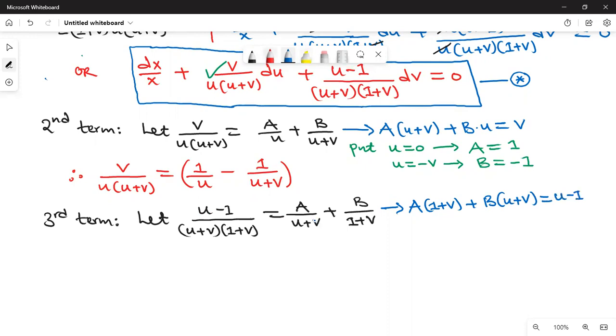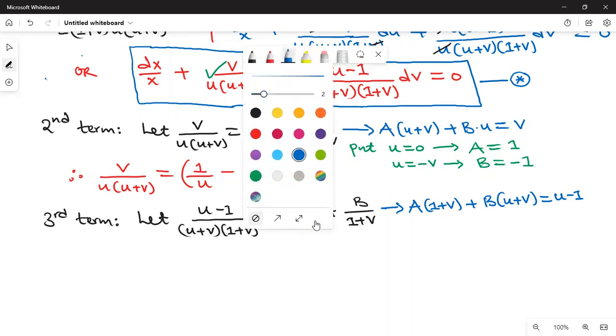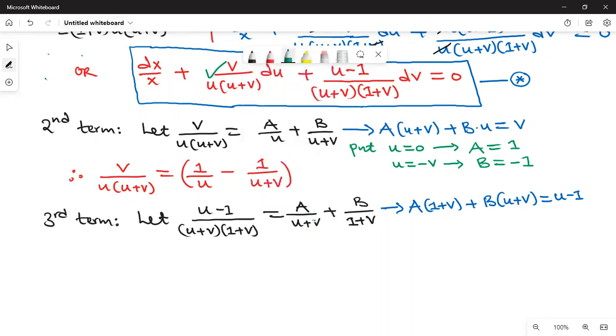Again, this equation is true for whatever value of u and v that you choose. You can choose some values that will help us get those constants a and b. So if I put u is equal to negative v, what will I get in that equation?